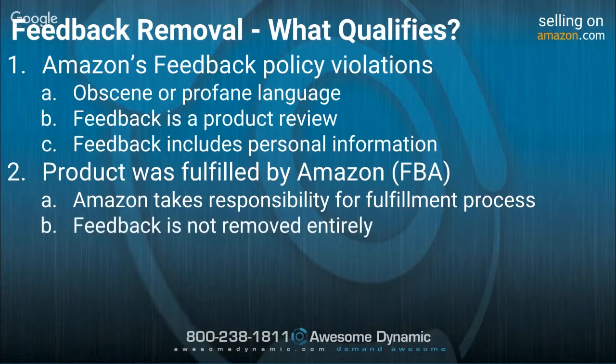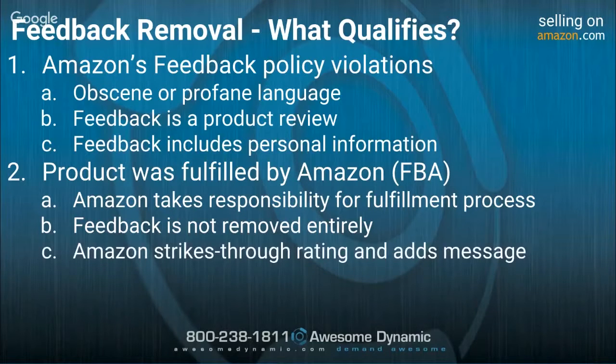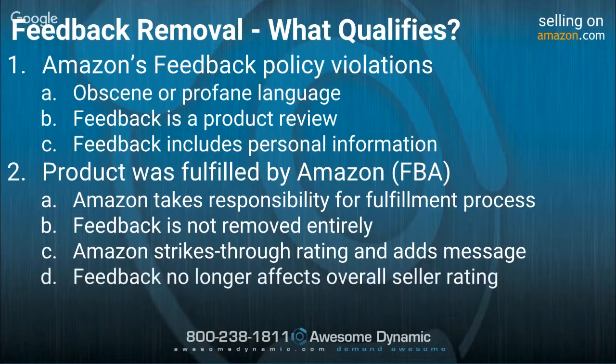The big thing to know, though, is that if there is a request to remove feedback because it was fulfilled by Amazon, that feedback will actually not be fully and completely removed. What will happen is Amazon will strike through the rating. So if they rate it 1 to 5, the actual number will be stricken out. And then Amazon puts a message right next to that feedback saying that Amazon takes responsibility for the fulfillment process.